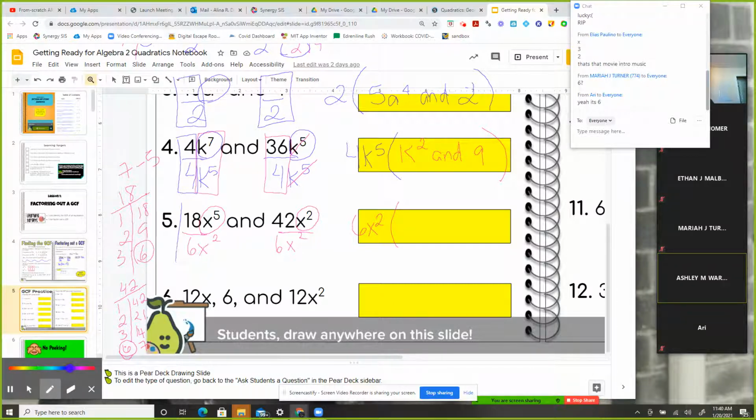What's 18 divided by 6? 3. And what mental math do I need to do here if I'm doing x to the 5th divided by x squared? Subtract. 5 minus 2, absolutely. So that's going to be x cubed. And then what do I get for my second term?